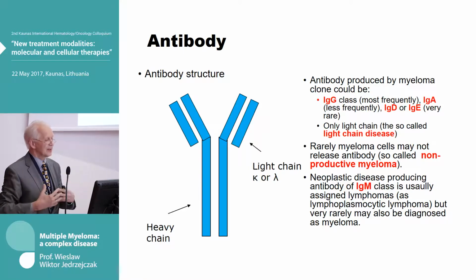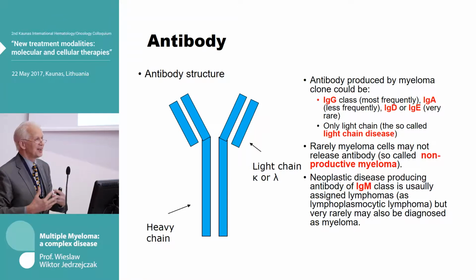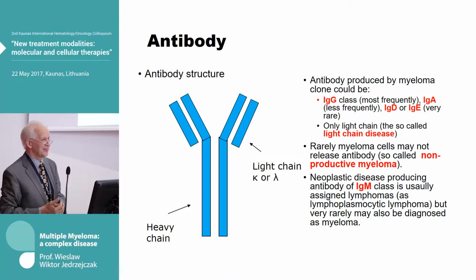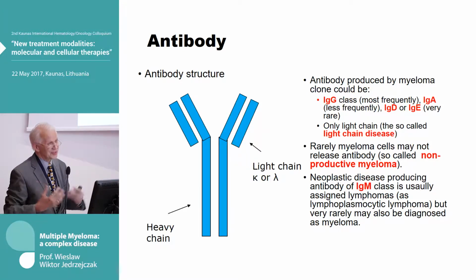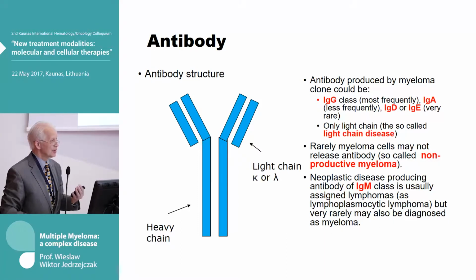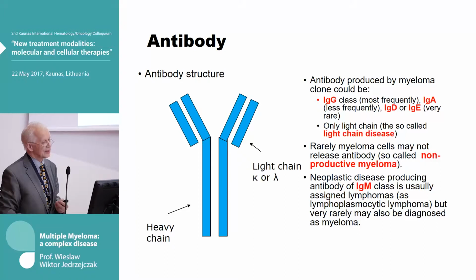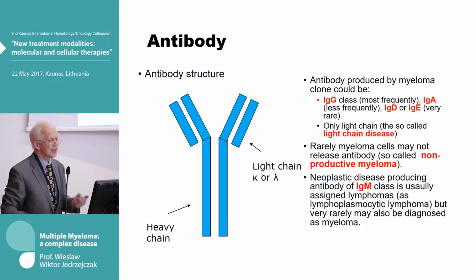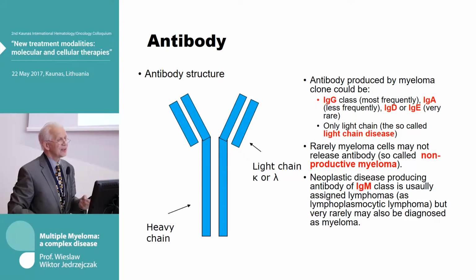And then, since I am supposed to tell you about how complex multiple myeloma is, the first type of complexity could be structured according to the type of antibody that is being produced, which could be IgG type, which is most frequent, then IgA less frequently, but very rarely could also be IgD, and also sometimes IgM.